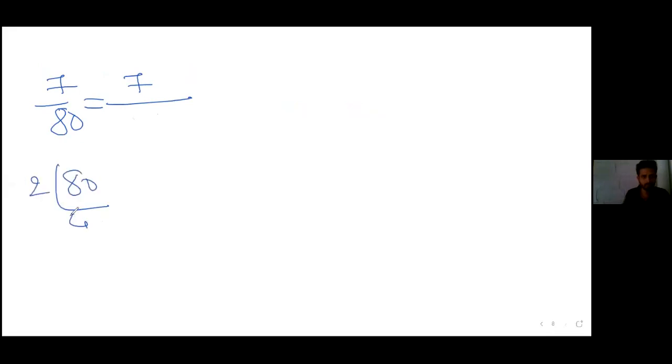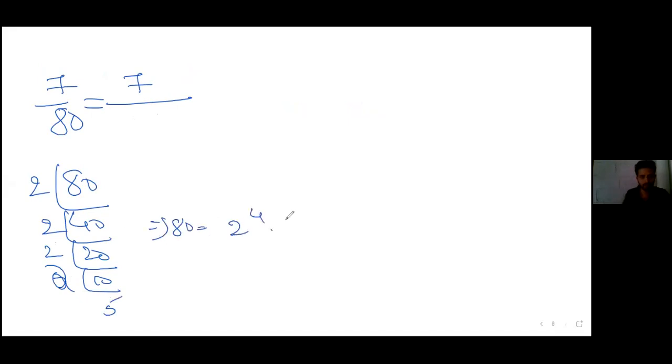This is 40, 20, 10, again 2 into 5, right? So 80 has factorization of 2 to the power 4 into 5 to the power 1. So let us check whether its decimal expansion is terminating. So I just divide 7 by 80. Then here I just have to take the point.